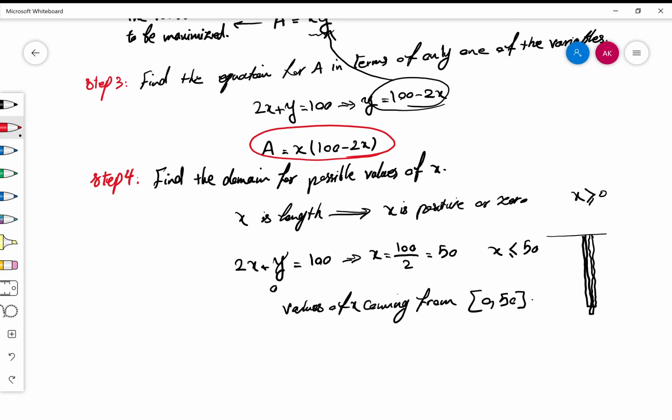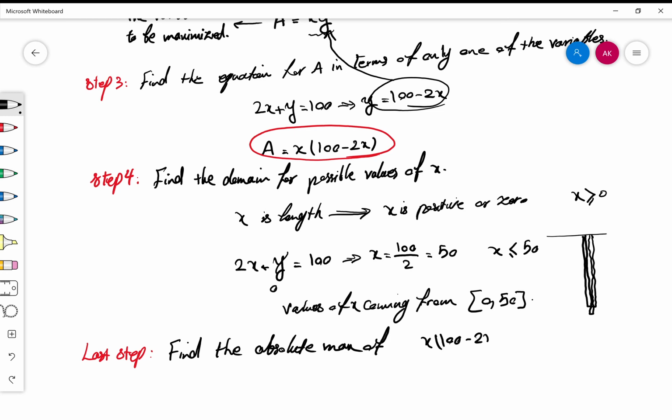Okay, so this has now everything. We need to find the maximum. So this is the last step. The modeling is done. Now we want to find the absolute max of x times (100 minus 2x) on the interval 0 to 50.